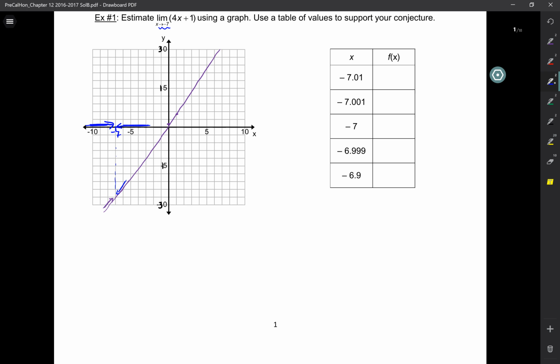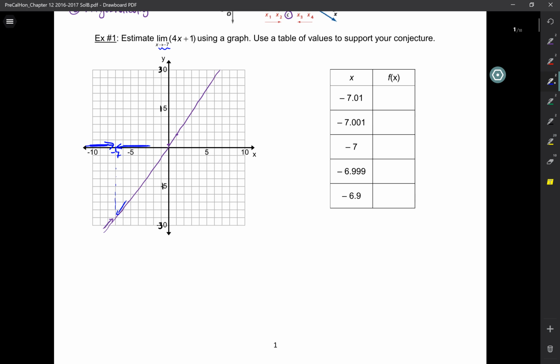So now let's see if the numerical one will verify this, right? So let's plug in -7.01 into 4x plus 1. What would that give me? Anybody? Where are your calculators? So what would that give me? -27.04. And what if I plug in -7.001?